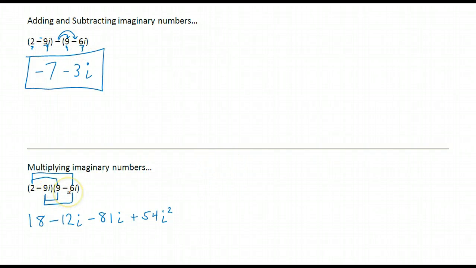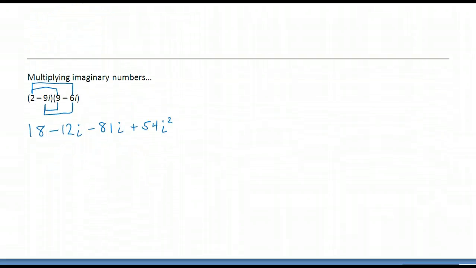Multiplying is a different procedure. If you look, I've really used the FOIL method. I've really distributed: first times first, outside times outside, inside times inside, last times last. Last step, combine like terms.